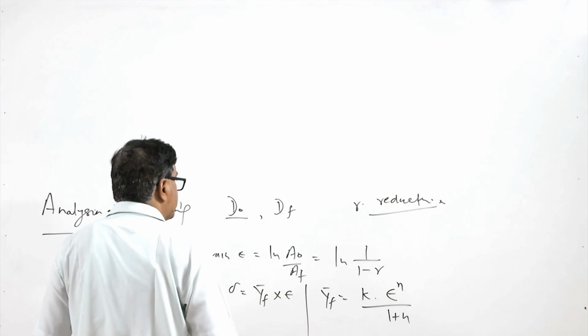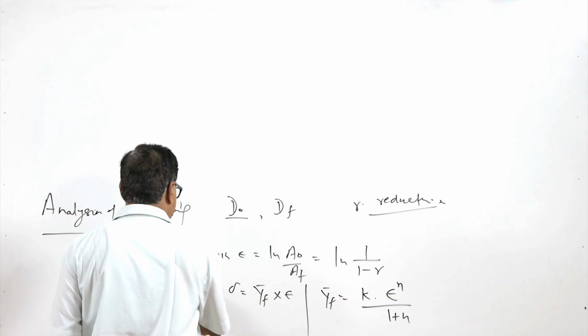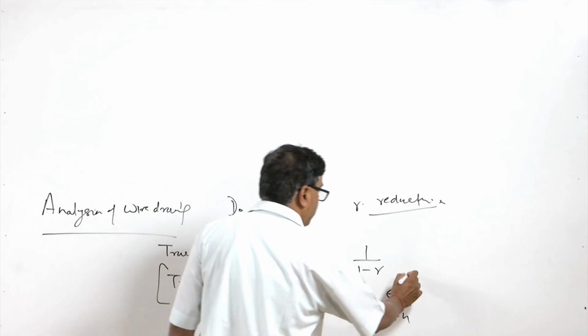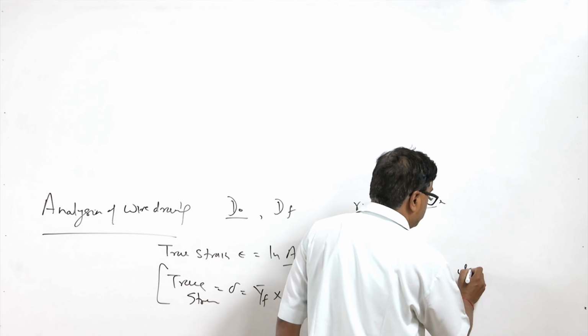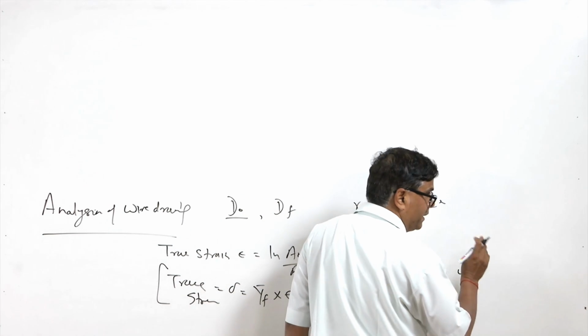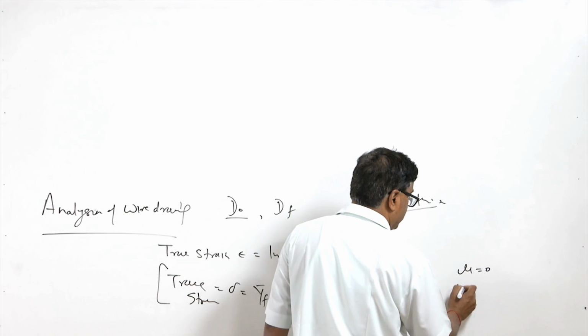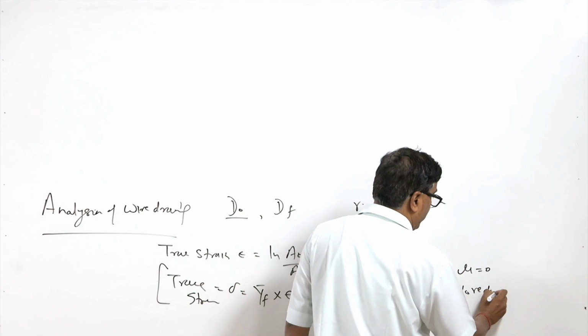So, this is the case for determining the true stress for the case when we assume that the mu between the wire which is being drawn and the die surface is nil and there is no redundant work.